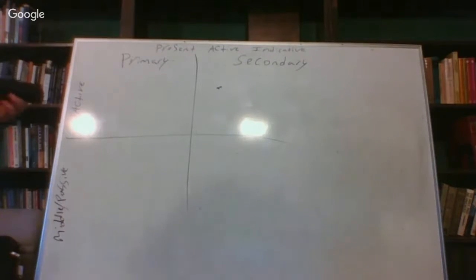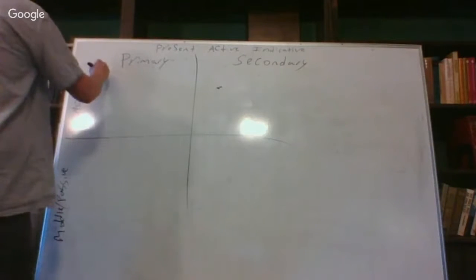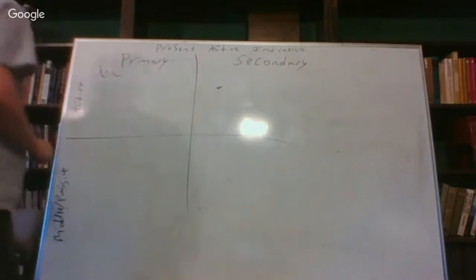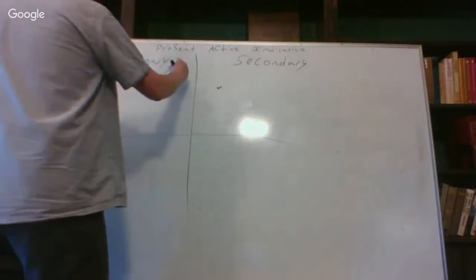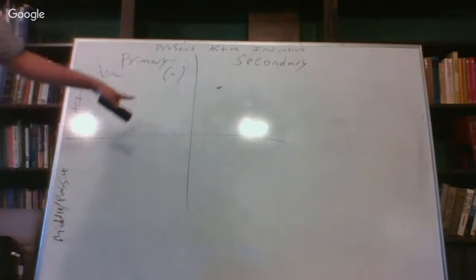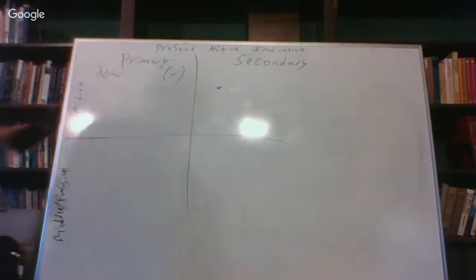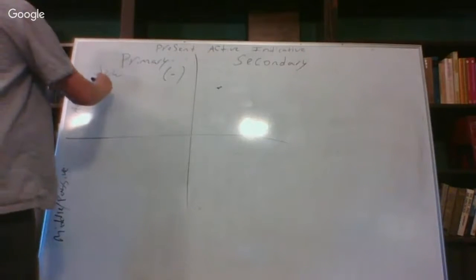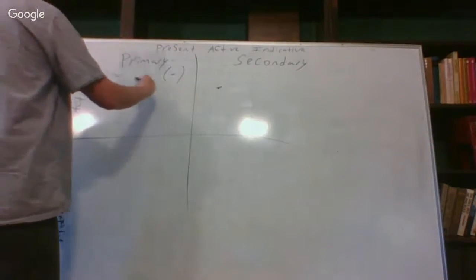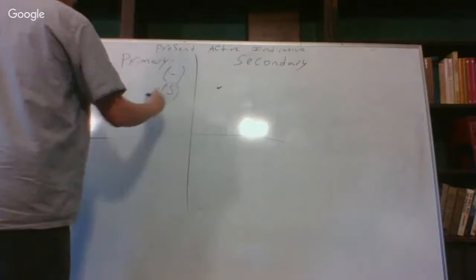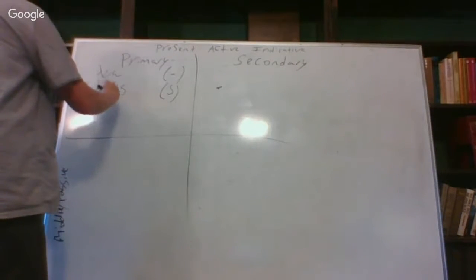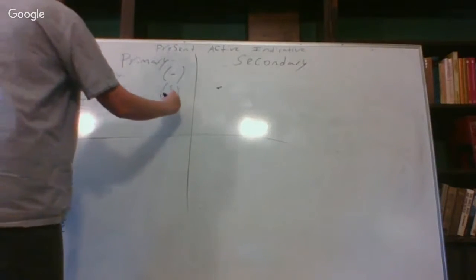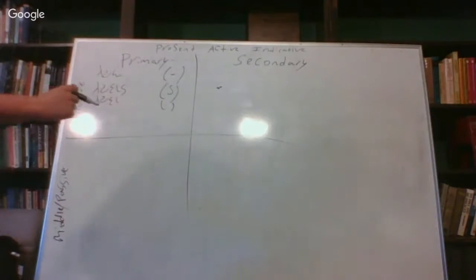And so let's just go ahead and write these out. So we're going to have luo, and the personal ending, there is none. Then lueis, the personal ending is going to be sigma. Then luei, the personal ending is going to be iota.